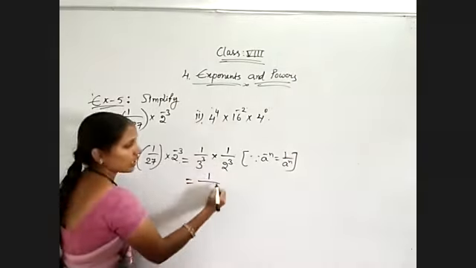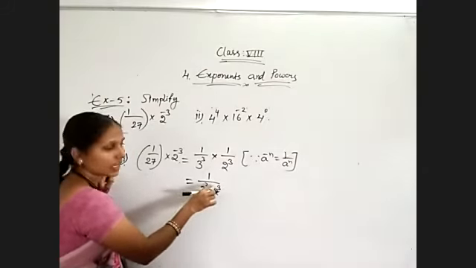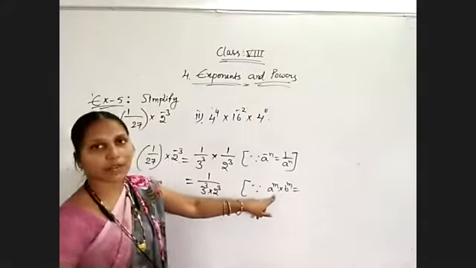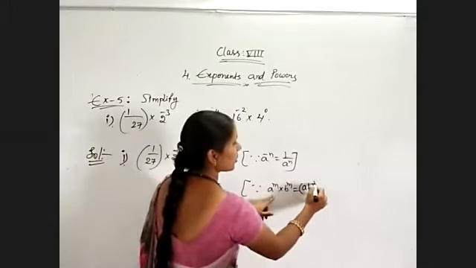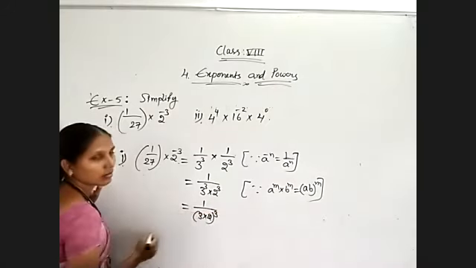Now observe this: 1 in the numerator and in the denominator 3 cube into 2 cube. Just observe here, bases are different but exponents are the same. In this case, in the denominator we have the formula a power m into b power m. So what is its simplification? a into b whole to the power of m. So 1 by 3 into 2 whole to the power of 3, where m is 3.